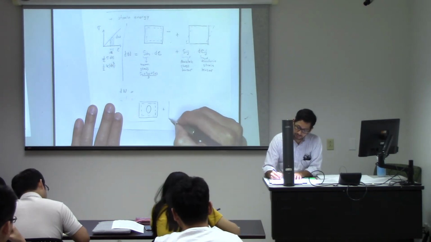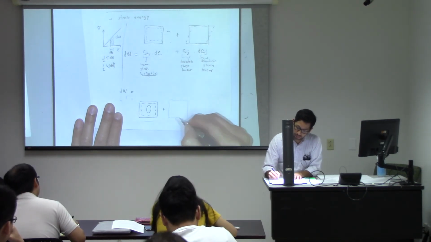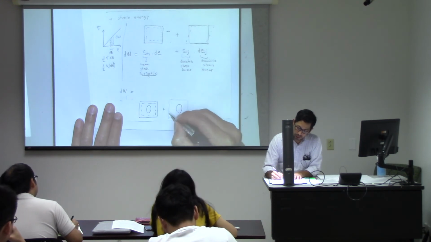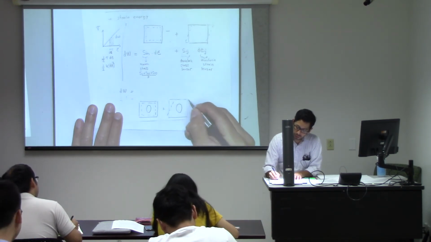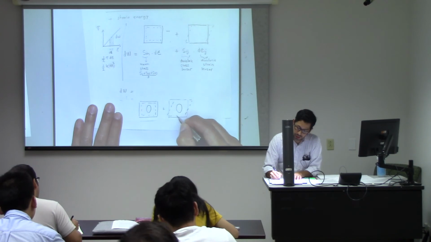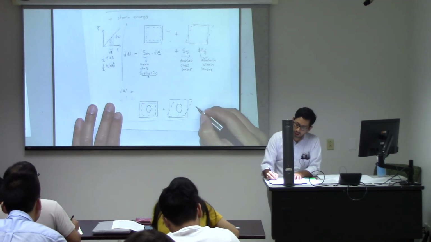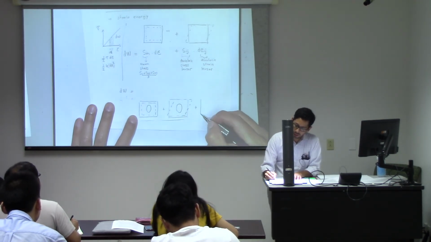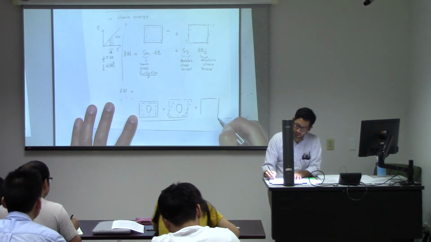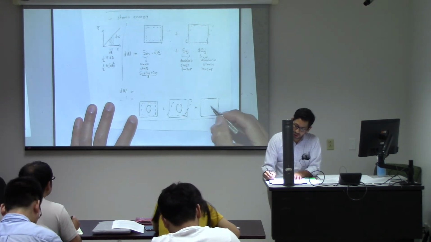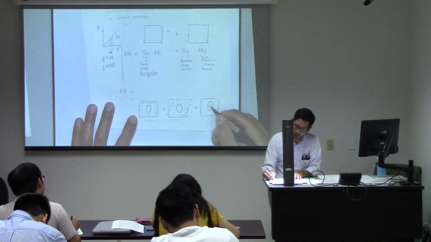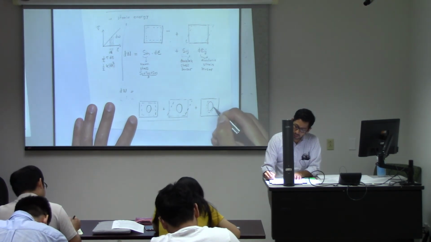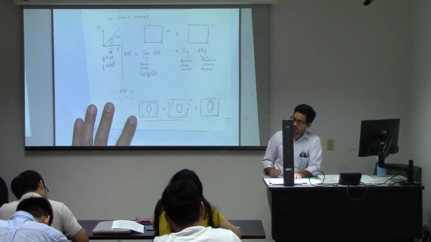We're going to have a component which is going to be shear, and we're going to have another component which is the energy stored in the solid by deforming the porosity.